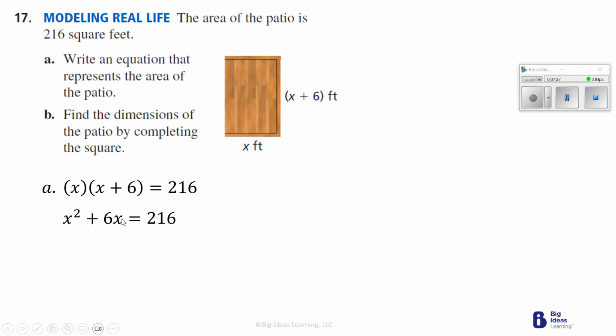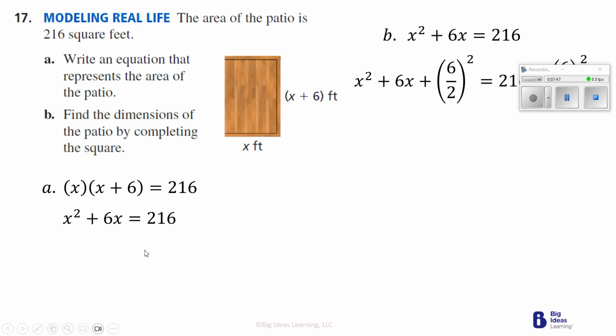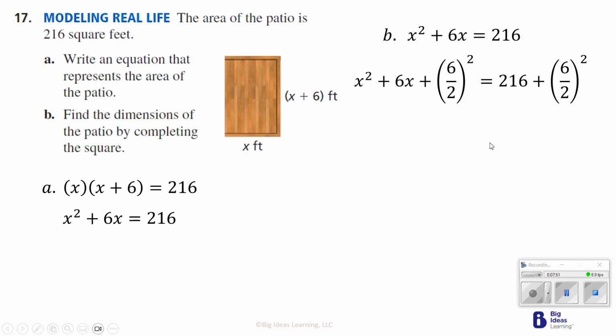Now we're going to find the perfect square of this. 6 divided by 2 is 3, and 3 squared is 9. So we're adding 9 to both sides. Now that we've added 9 to both sides, this was the equation that we had, right?